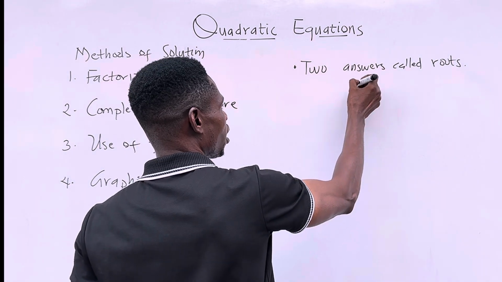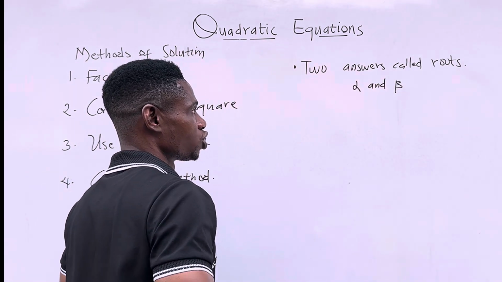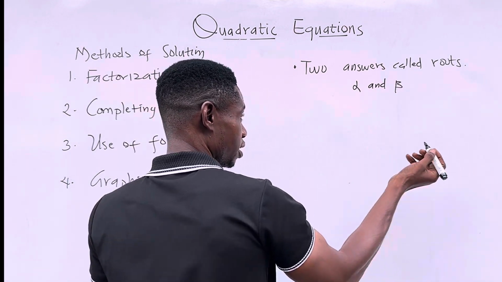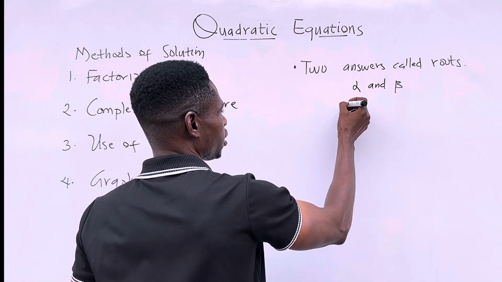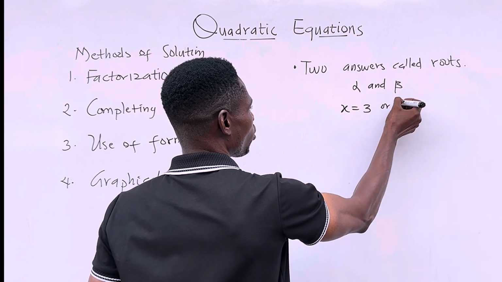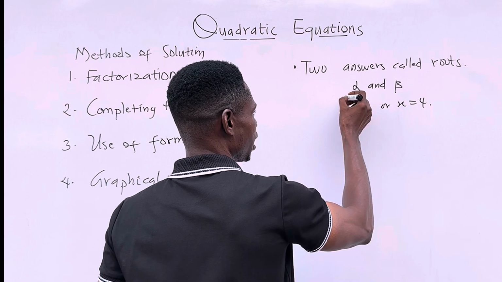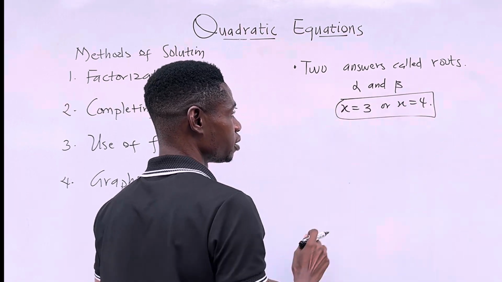Let's call them alpha and beta. So when you solve a quadratic equation, you can say your answer looks like, let's say x equal to 3 or x equal to 4. So these are how the answers look generally.